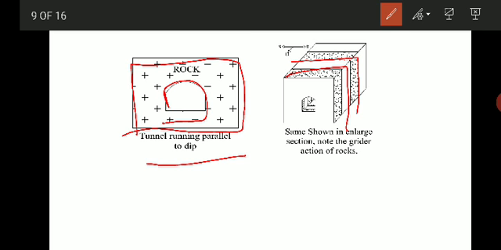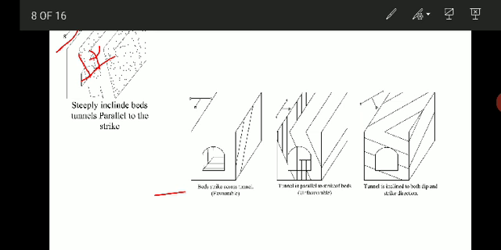Whereas if the tunnel is running parallel to the strike, like in this image, okay, you can see the tunnel is running parallel to the strike of the vertical bed, then it is more likely that a number of bedding planes, which are the planes of weakness, are intersected at the roof and along the arc also. So you have to take the proper precautionary measures.